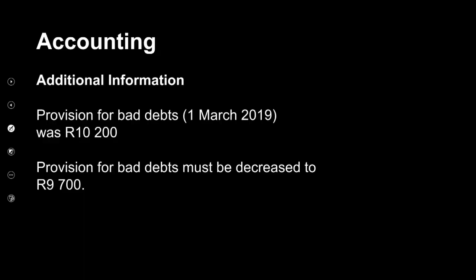It says here, provision for bad debts was 10,200. That was your opening balance, right? Provision for bad debts must be decreased to 9,700. Once again, watch this. Simplest way of doing it, your current provision is 10,200. We know that provision for bad debts is a negative asset with a credit balance. What must your new provision be?